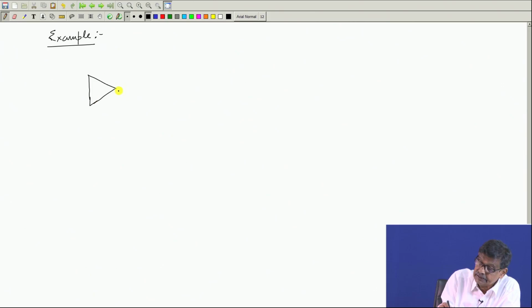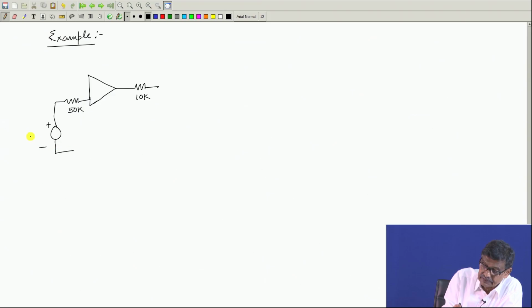So, this is some 10 k, this is some 50 k, here is a voltage source plus minus 6 millivolt, and here is a connection which goes like this.